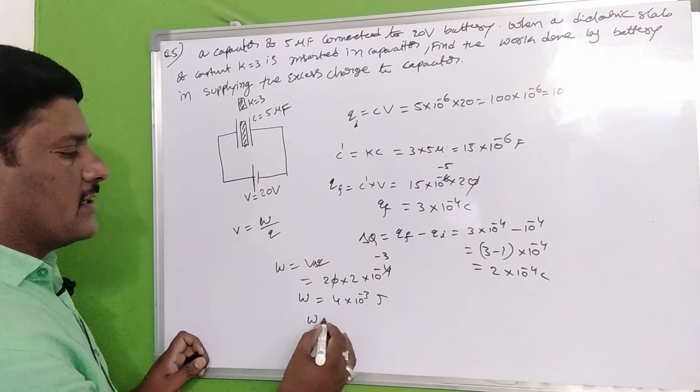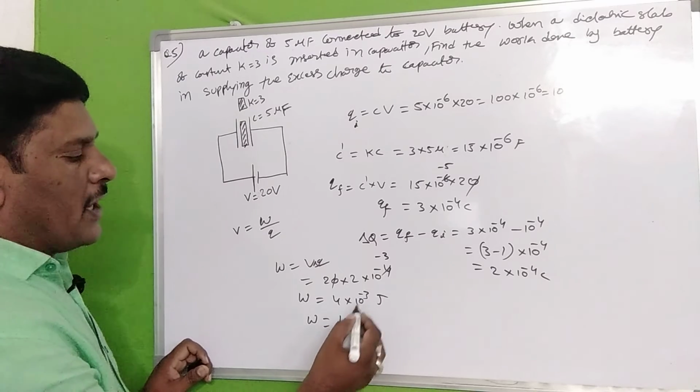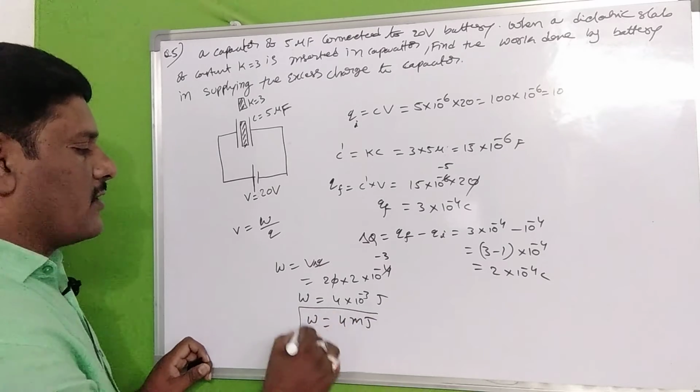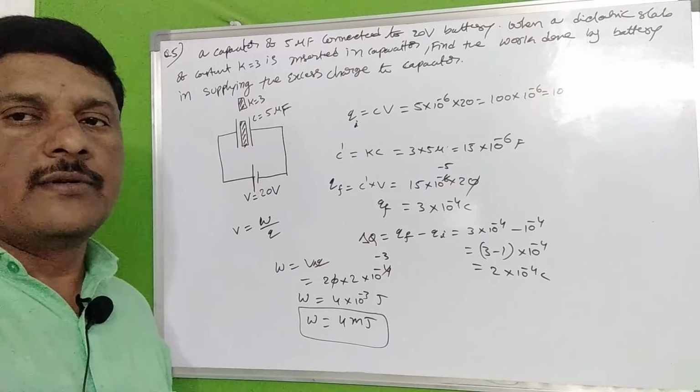This can be written as 4 millijoules, so the work done is 4 millijoules according to the statement.